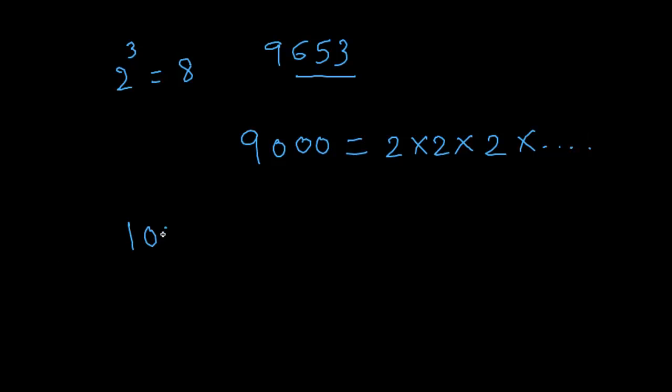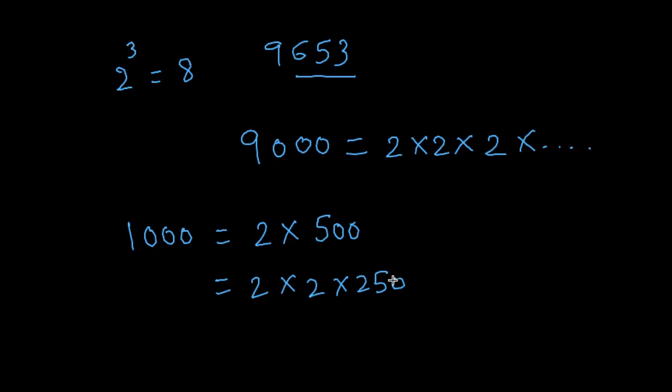Say a simple number 1000. Then we can represent it as 2 into 500, that is 2 into 2 into 250, that is 2 into 2 into 2 into 5 into 5 into 5.